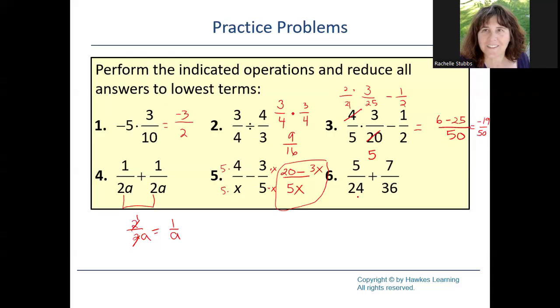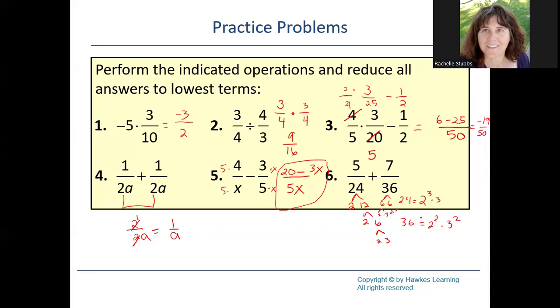So 24 and 36. Prime factorization of 24 is 2 times 12, and 12 is 2 times 6, and 6 is 2 times 3. So that's three 2s and a 3. That's what 24 equals. 36 happens to be 6 times 6, or 2 times 3 times 2 times 3, which is 2 squared times 3 squared.